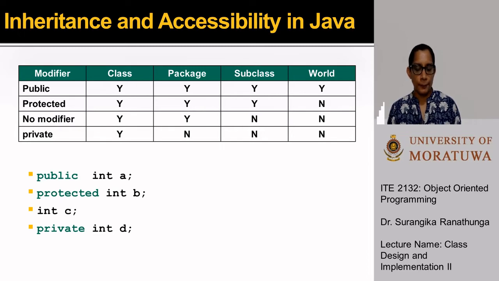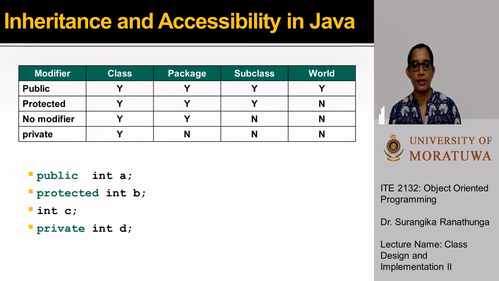If the access modifier is public, whether it is a data attribute or a method, it can be accessed within the same class, within the package, within the subclass, and from any other class in your application.